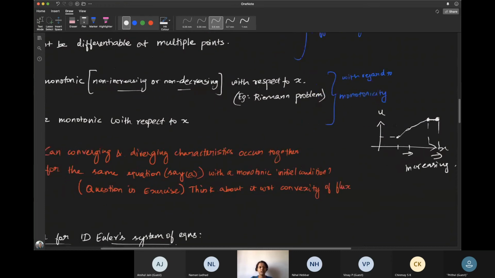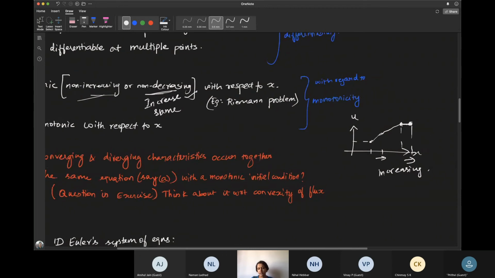On the other hand, non-decreasing allows for your function to increase or just be the same. That is, it allows for your function to increase, and also it allows for your function to not change at all. When you move between 2 points, your function value also remains the same, like this one.